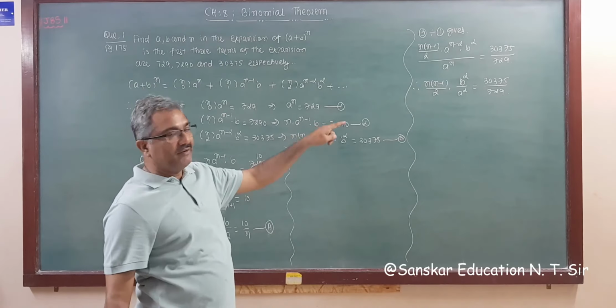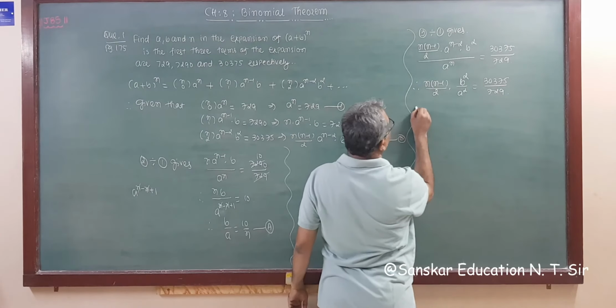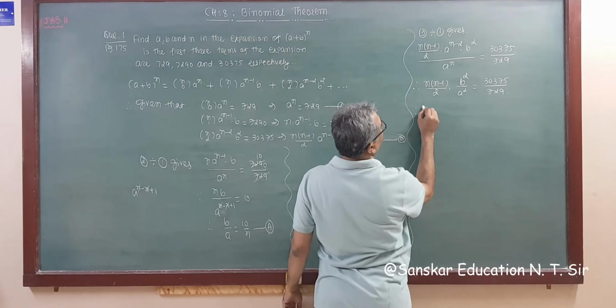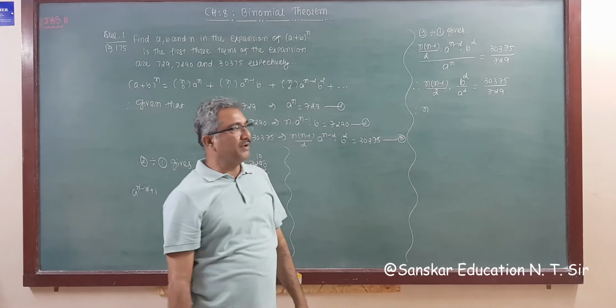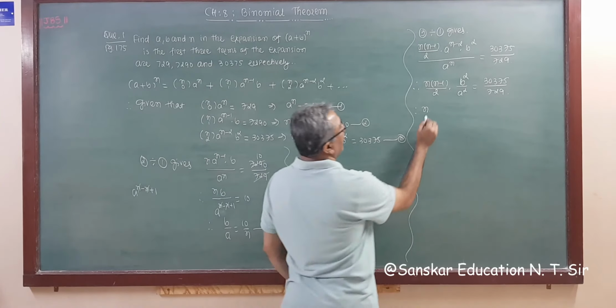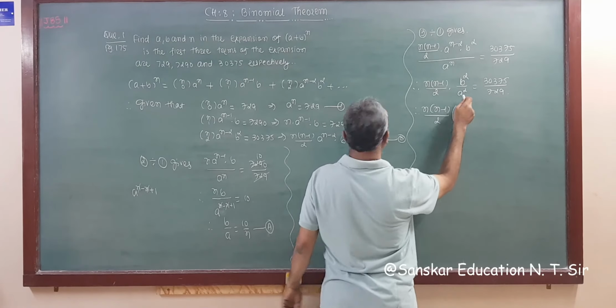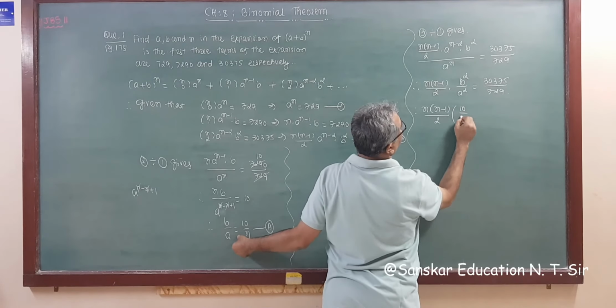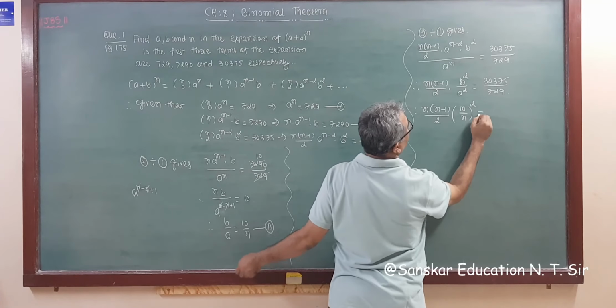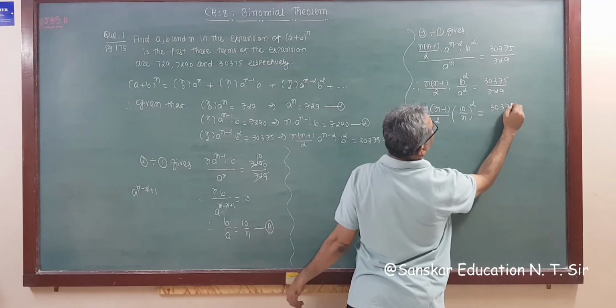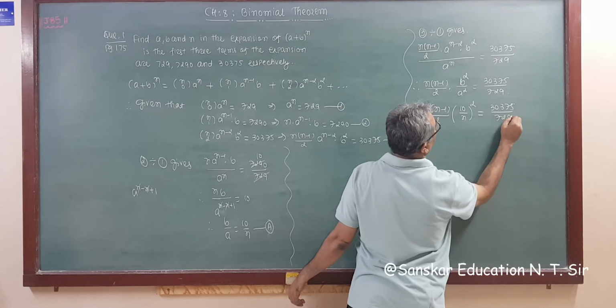Now we have b upon a here, so substitute the b upon a value. We get n into n minus 1 by 2, into b by a, which is 10 by n, whole square, is equal to 30375 upon 729.